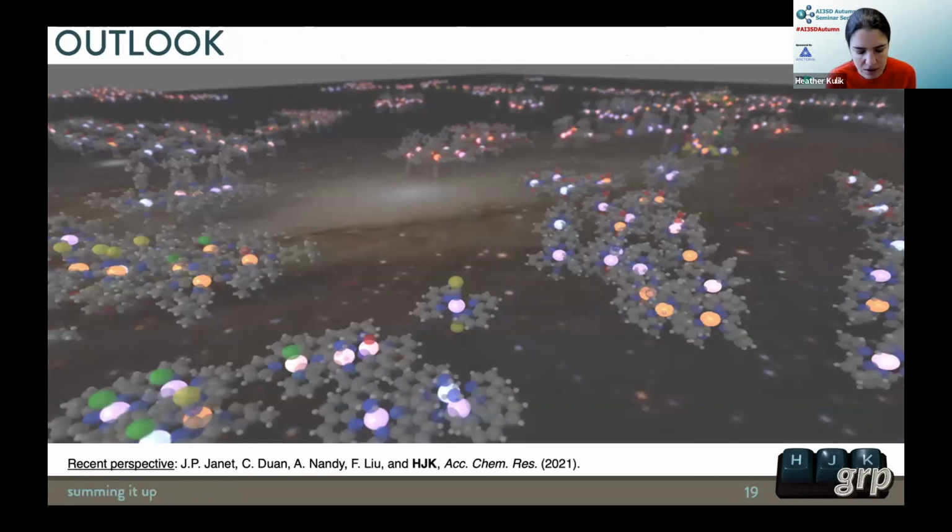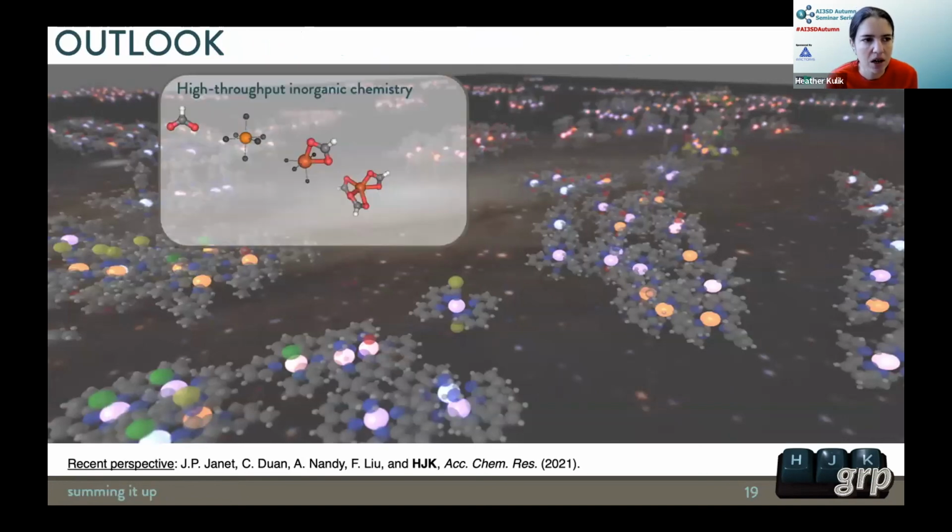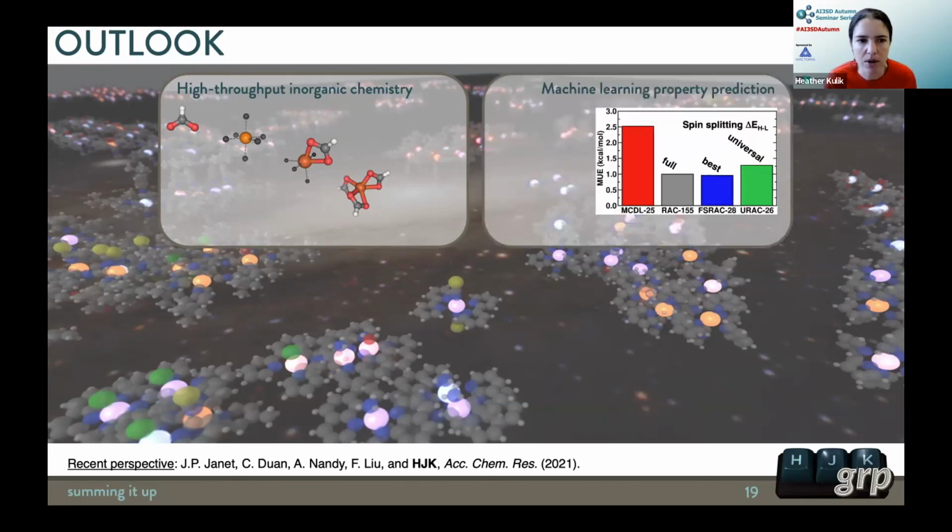But I'd just like to conclude now by saying we started by building tools that were open source for high throughput transition-metal chemistry to allow us to explore larger spaces. But just doing high throughput first principles modeling was never going to be fast enough to address these large scale spaces. So we also developed the first machine learning models to predict these very challenging to predict properties that are inherently quantum mechanical in nature, and thus few heuristics exist for them, such as predicting the quantum mechanical ground state spin.